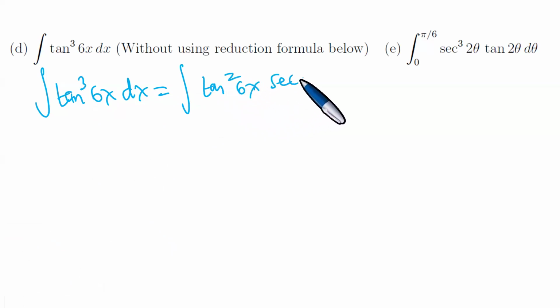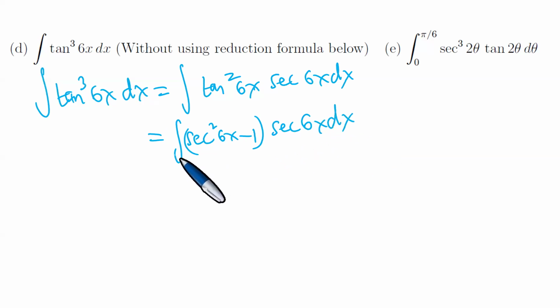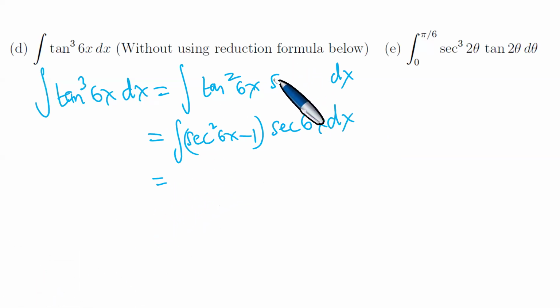So which is exactly the secant of 6x dx. Right. So the tan squared is sec squared of 6x minus 1, times tan 6x dx. So that is what we have. This is the tan, and this is also tan, so you have tan cubed.